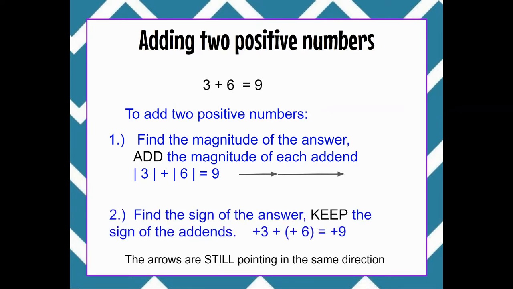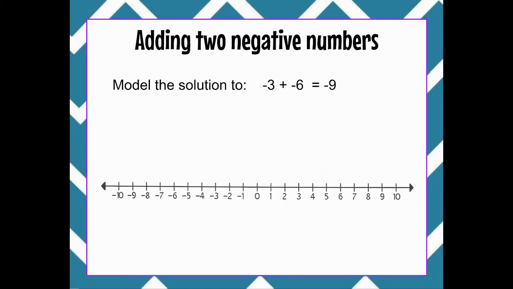To find the sign of your answer, you're going to keep the sign of the addends. All of the arrows in this model are pointing in the same direction. So if I'm adding two positive numbers, the answer will stay positive.